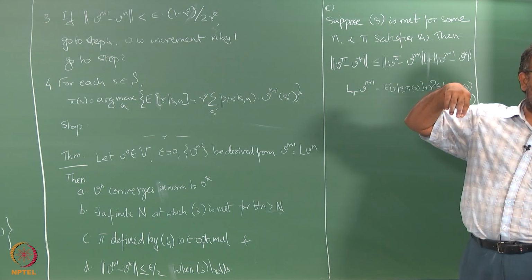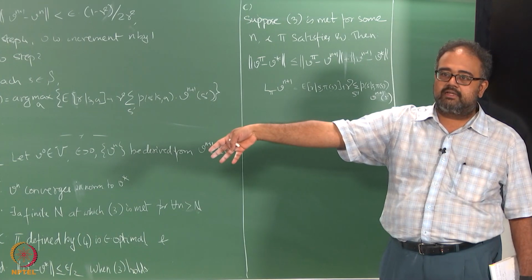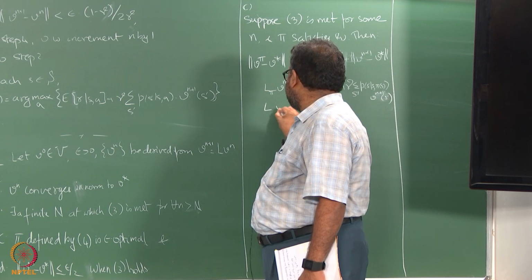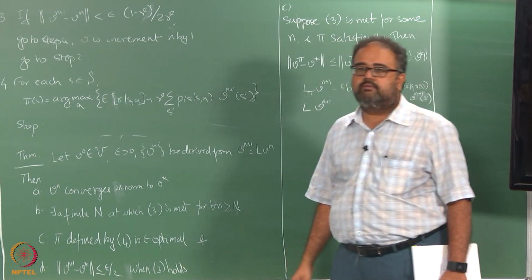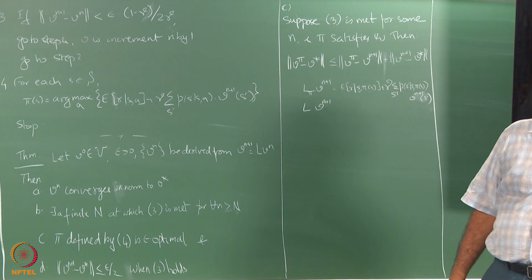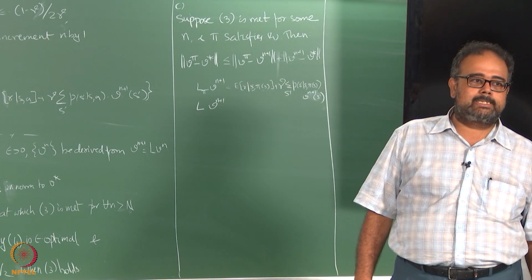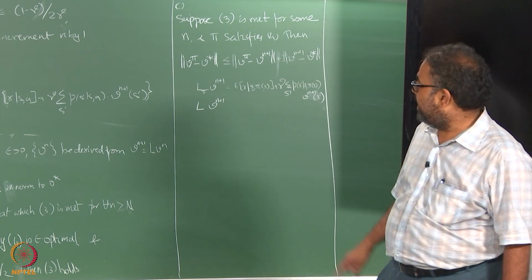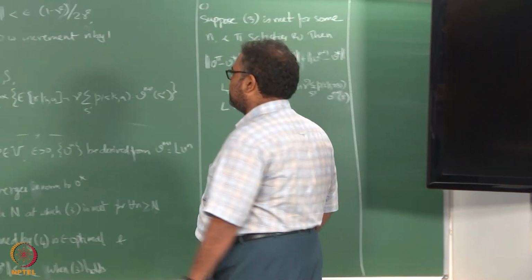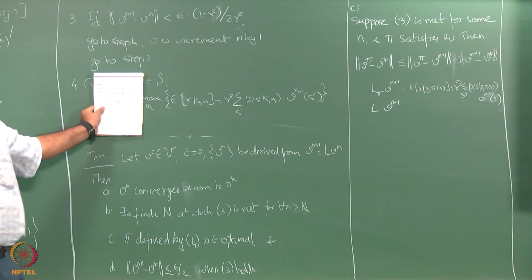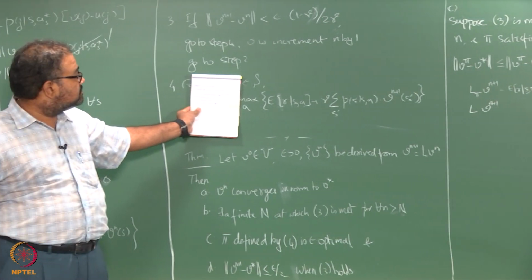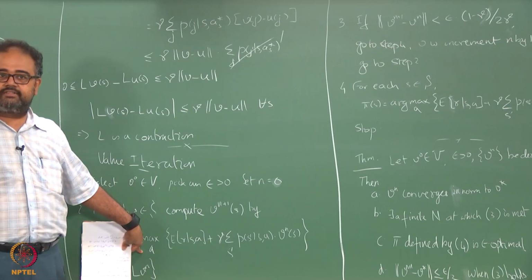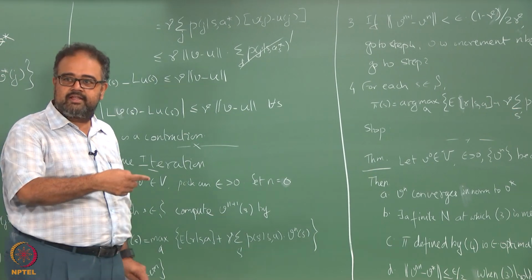By using the max operator over this. So if I had done L on Vn plus 1, what would I have obtained? L on Vn plus 1 is essentially this, with the max.